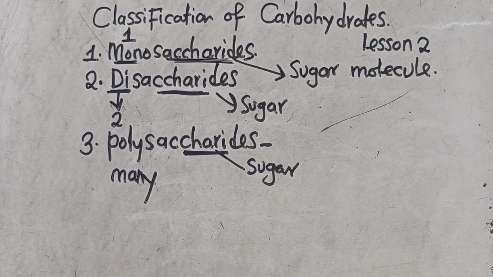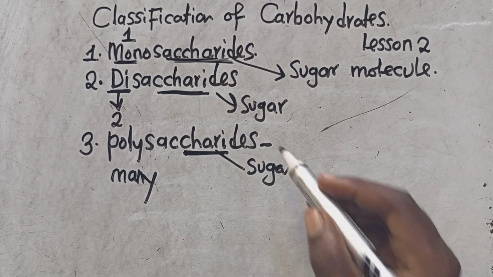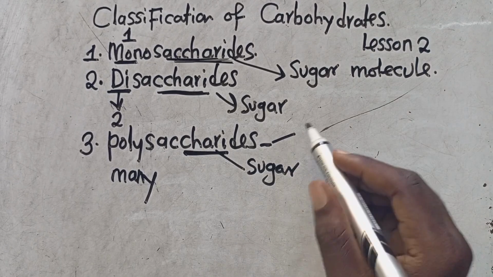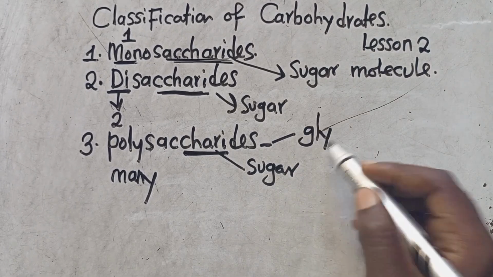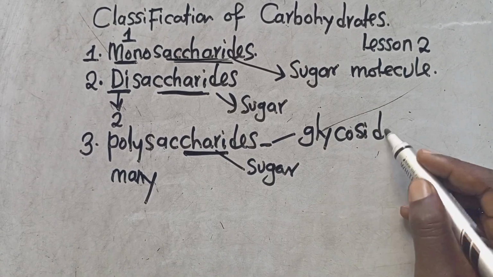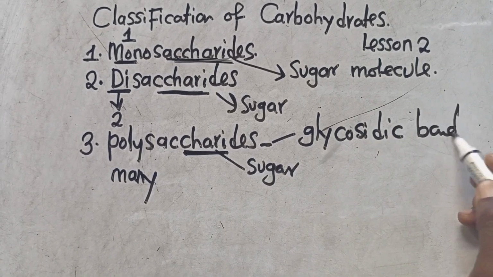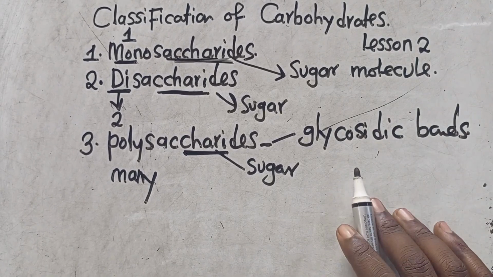So a polysaccharide is a complex carbohydrate formed by long chains of monosaccharide units linked together by what we call glycosidic bonds. They are joined together by this bond.